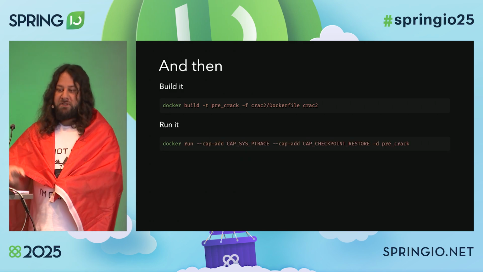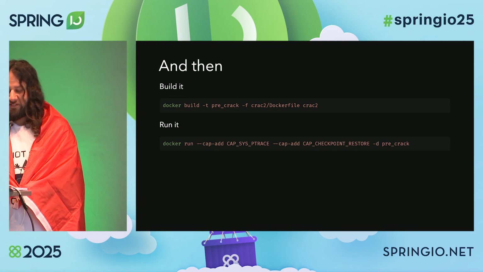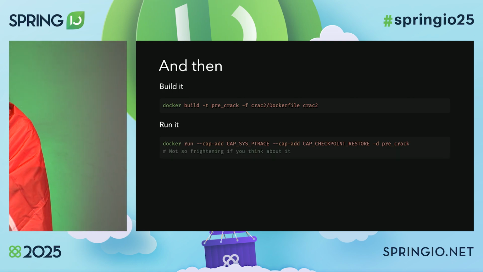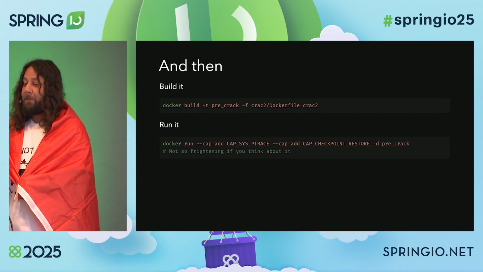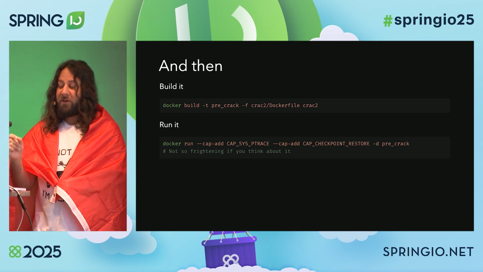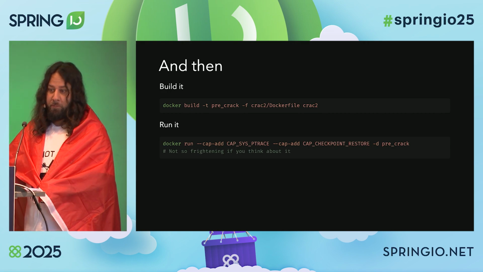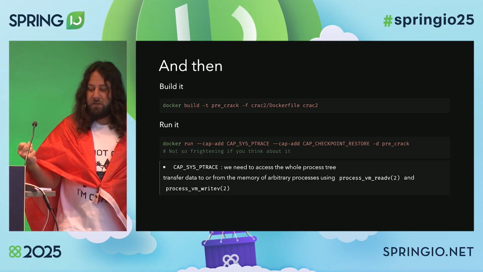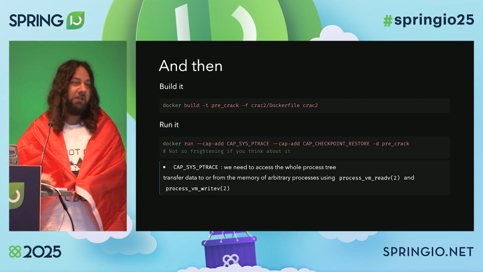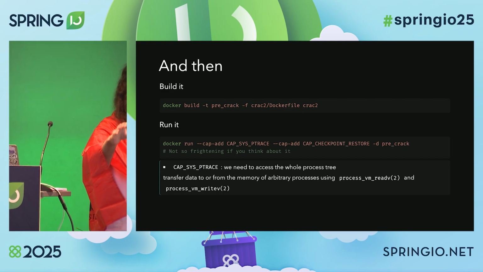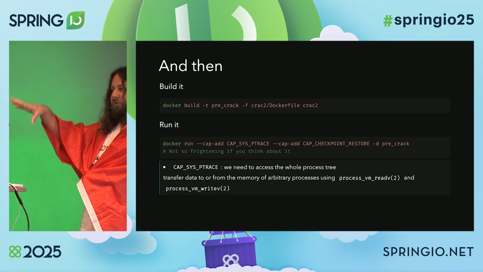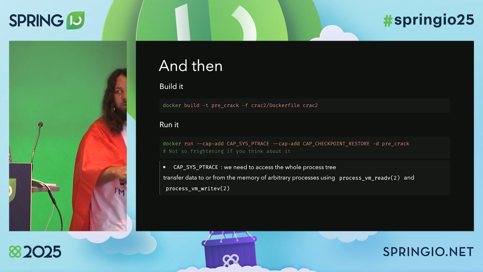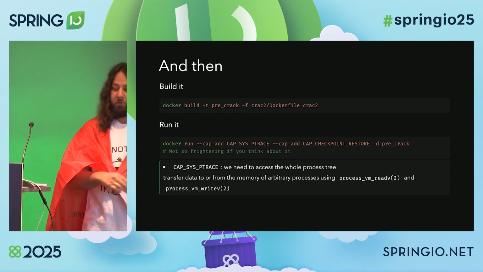I will add two arguments, --cap-add CAP_SYS_PTRACE, and --cap-add CAP_CHECKPOINT_RESTORE, which actually will work. It is the minimal necessary set of capabilities we need to create a checkpoint of our Java application. What do they do? CAP_SYS_PTRACE does a very simple thing. It allows our application to look at the whole process tree of the operating system, just to know who launched it and what descriptors are open and so on.